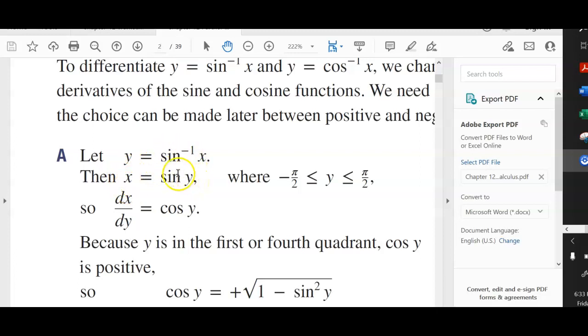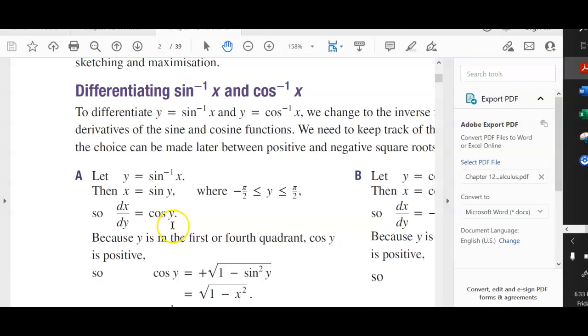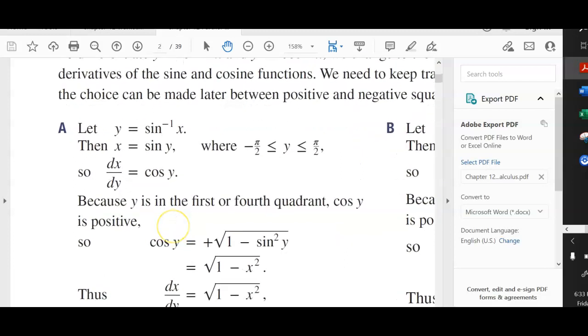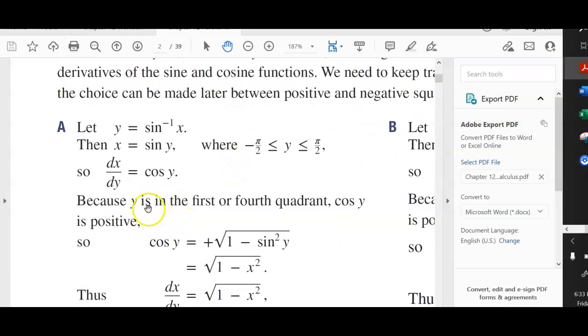So dx dy would be cos of y, because the derivative of sine is cos. Now, because we're looking at cos being positive, we know that it's going to be positive in the first and fourth quadrant.